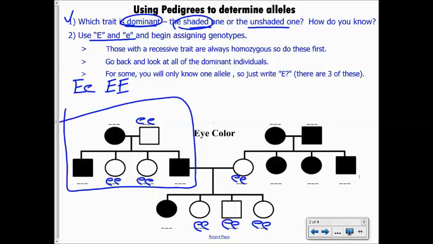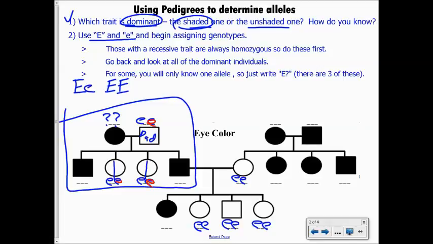In this family, we know that every family member gets one allele from the dad. This is dad here, okay? Dad's going to give one allele, and mom here is going to provide the other one. And since both of these have little e, we know one of these alleles came from dad.